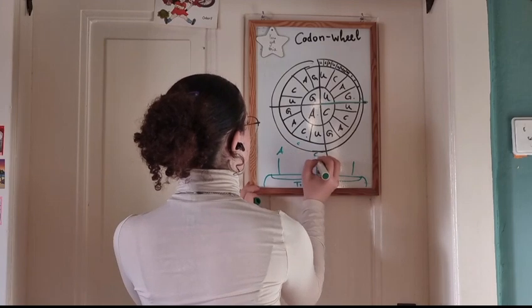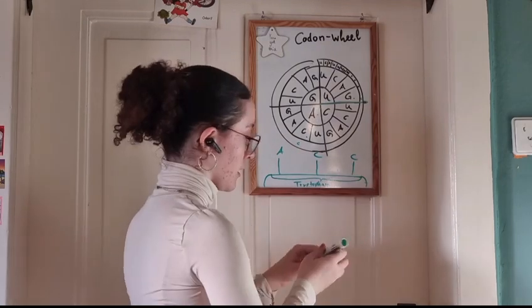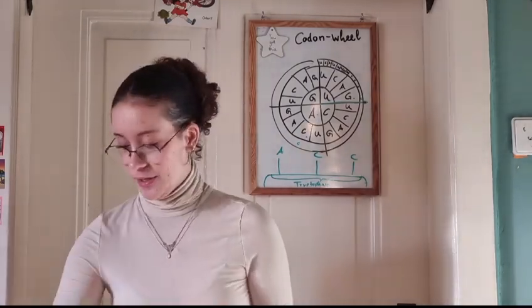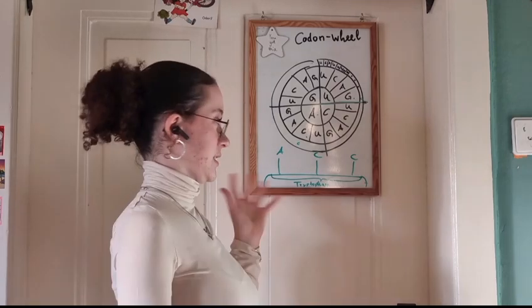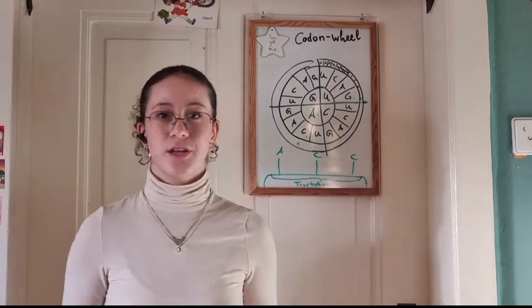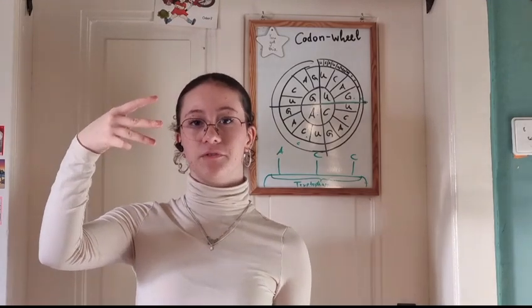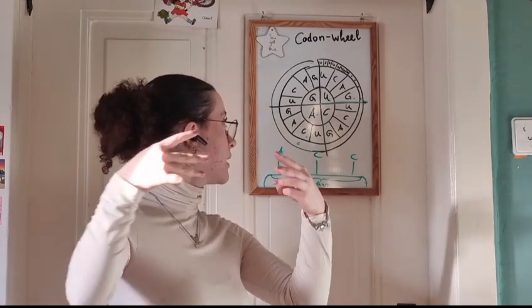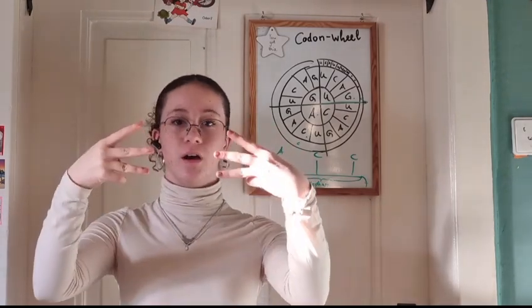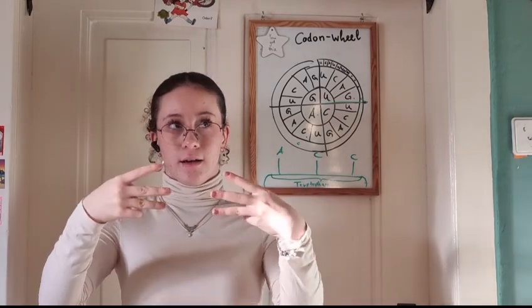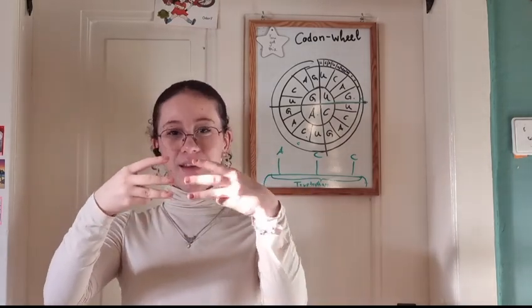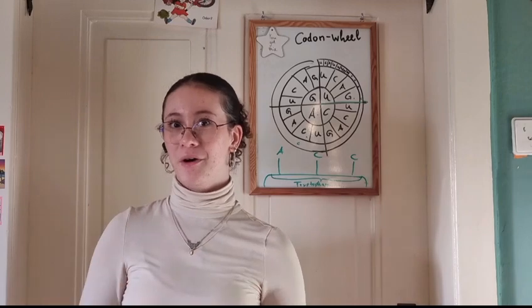A, C, and C. So if you later then combine these two, there's 6 nucleotides with each other. We have ACC on the side of the tRNA and the UGG on the mRNA side, and then they can bond.